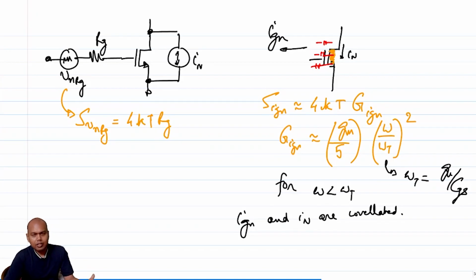But as it turns out, again, I'm not going to show this, if you do the math, you do not take into account correlation, you assume they are uncorrelated and do all your analysis, you do not end up with too much of a deviation from what you would get if you consider correlation, but the math becomes significantly simpler. So in this course, even though we understand there is a correlation, we are going to avoid the effect of correlation going forward between IGN and IN whenever we have to deal with IGN.